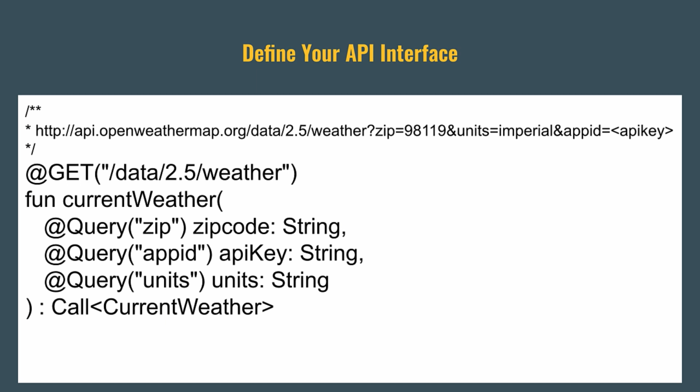So ultimately, we want to hit the API that is at http://api.openweathermap.org/data/2.5/weather. So all of that is essentially the OpenWeatherMap's weather endpoint. Everything after that are the query parameters that we're going to specify. So in this case, I have specified a query parameter for 98119 zip code. I want imperial units, and then we have to pass an API key to differentiate our app from someone else's.